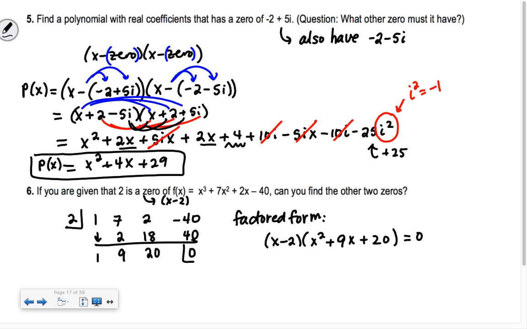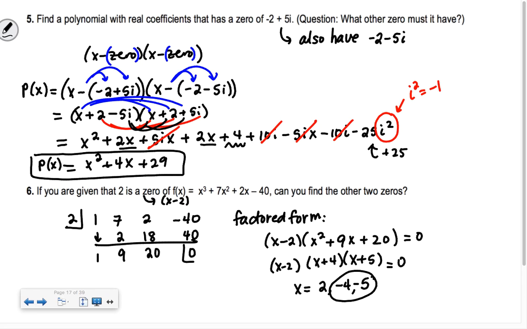So Eric, you're saying what? x plus 4 and x plus 5. Do you guys see? So we fully factored it, factored it all the way down. So what are our 3 solutions? 2, negative 4, and negative 5. So our other 2 zeros are negative 4 and negative 5.